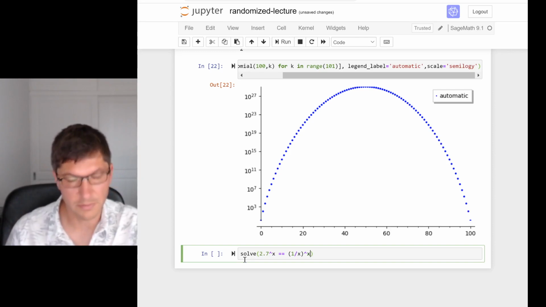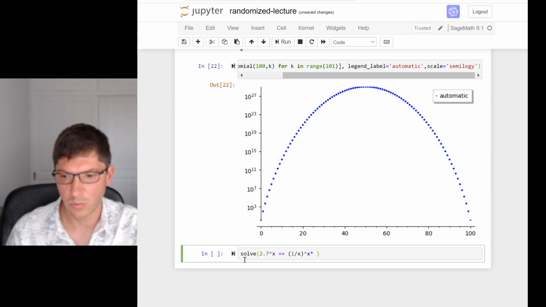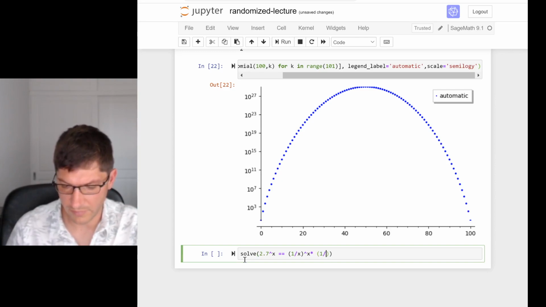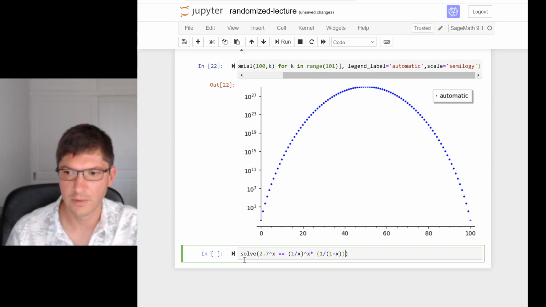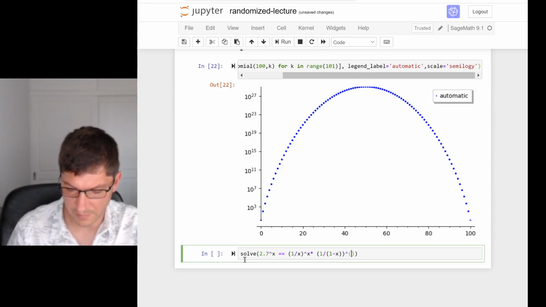So this is equal to 1 divided by x to the power x times 1 divided by 1 minus x to the power 1 minus x.